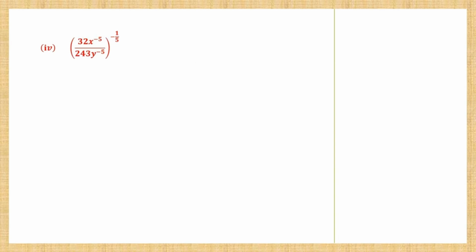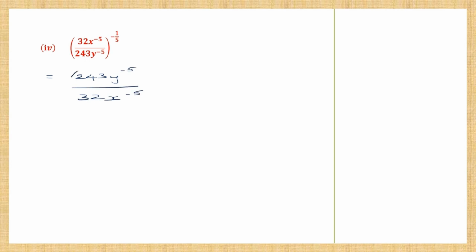Question 4. Here also we have a negative power. So you can either write it as a positive power by writing the reciprocal or continue like this. The previous one we left as it is. This one, let's change the sign and make it a positive power by writing the reciprocal. So this becomes 243 y to the power of minus 5 by 32 x to the power of minus 5.